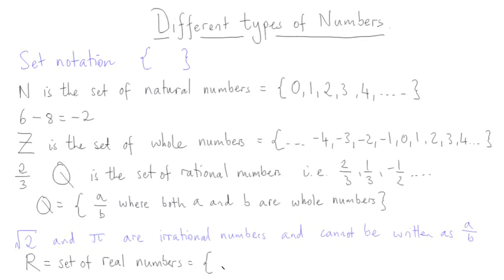It's the set of all rational numbers, so all the numbers in the set Q, and irrational numbers, but they have to be what they call real numbers. And an extension of the real numbers is the so-called complex numbers, which we'll talk about in another slide.